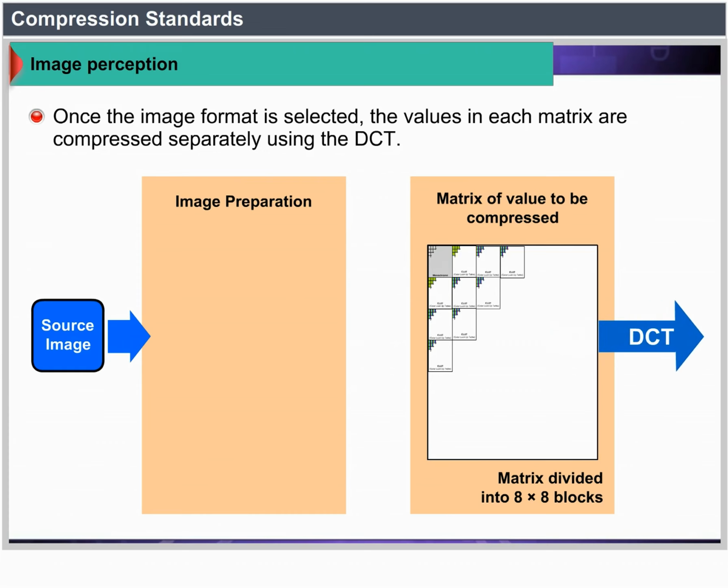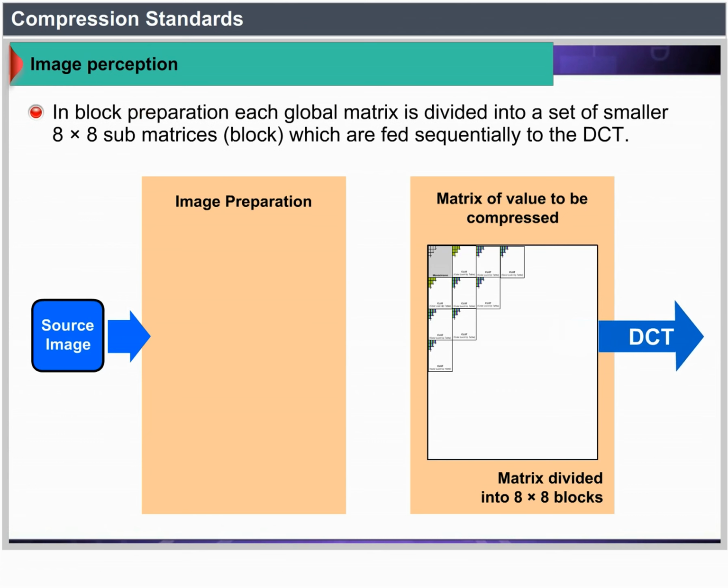In order to make the transformation more efficient, a second step known as block preparation is carried out before DCT. In block preparation, each global matrix is divided into a set of smaller 8 by 8 submatrices, blocks, which are fed sequentially to the DCT.